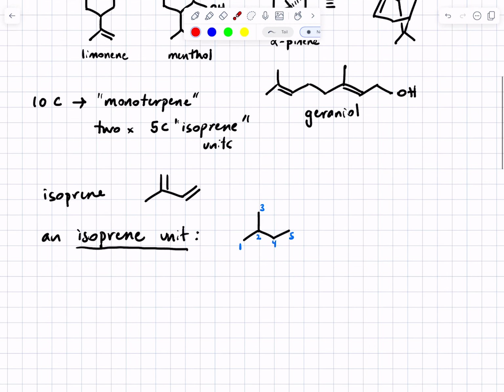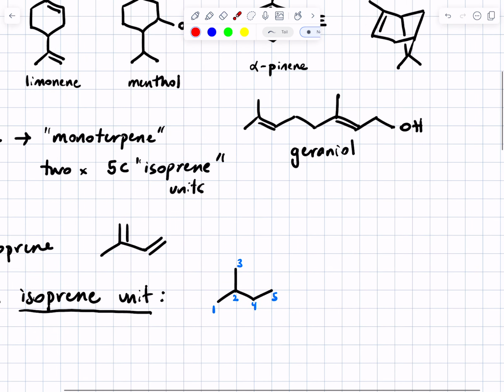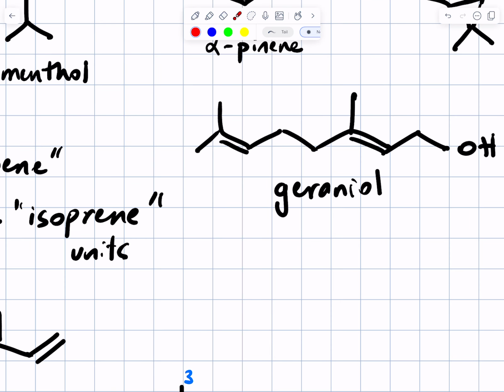Let's start with geraniol, which is the simplest terpene that I've listed here. And let's see if we can identify isoprene units. The easiest place to start is the branching methyl groups. So that's carbon 3 of one isoprene unit. That's carbon 3 of another isoprene unit.